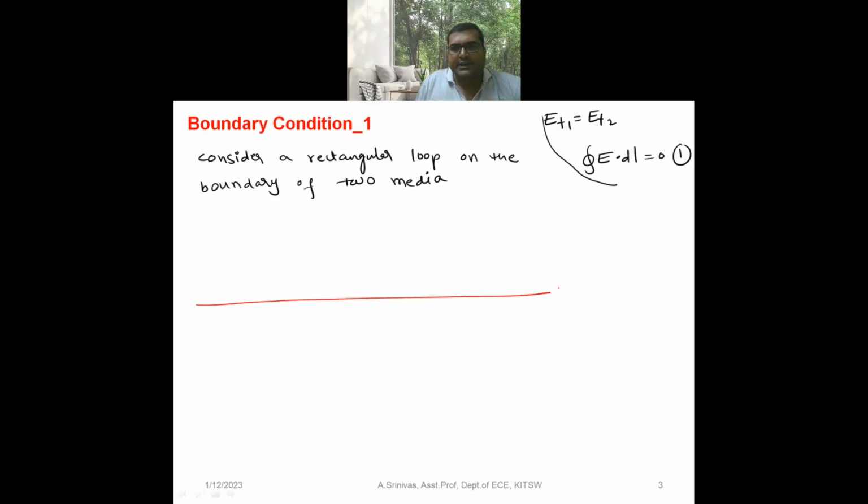Let us assume the z equal to 0 plane is the boundary, z greater than 0 characterized by medium 1, z less than 0 characterized by medium 2.